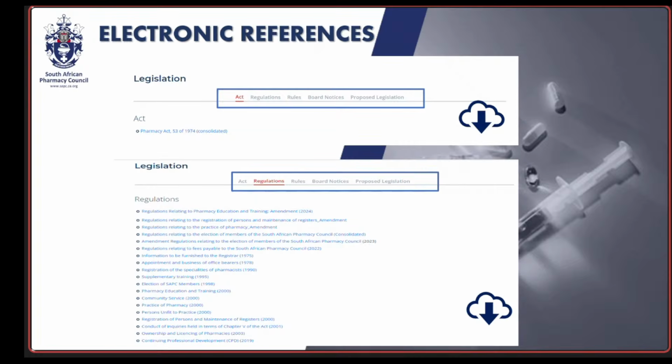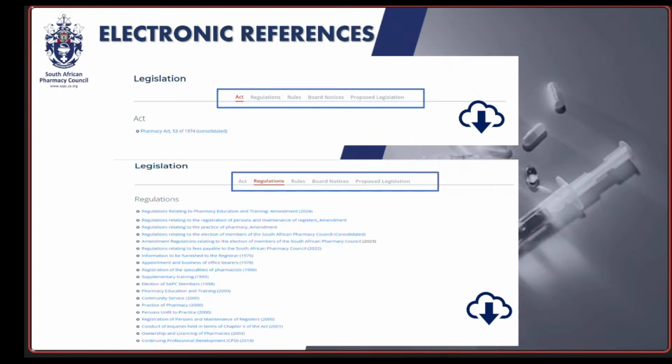If you go into the legislation, you will see there are the acts, the regulations, rules, board notices, and proposed legislation. So if you click on the Act, you will see the Pharmacy Act. And that you can open and you can have access to the Pharmacy Act. When you click on regulations, it gives you all the latest publications on regulations to the legislation.